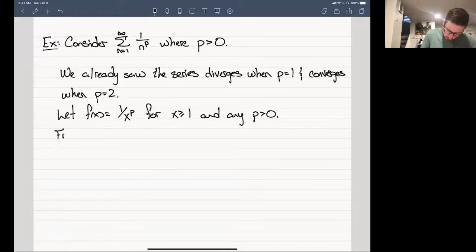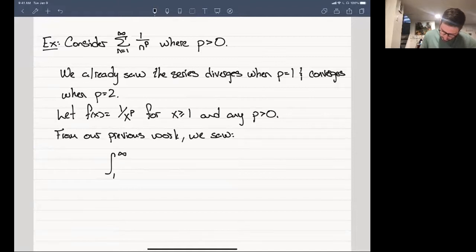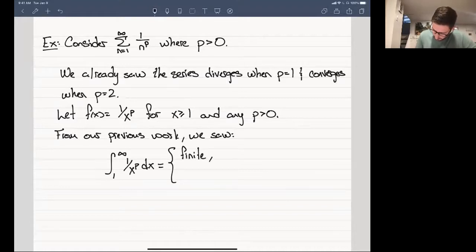So from our previous work, we saw that the integral from 1 to infinity of 1 over x to the p dx is finite if p is greater than 1, and it is infinite if p is less than or equal to 1.